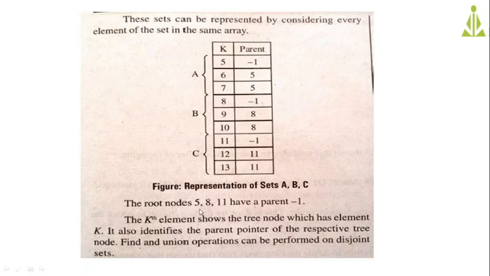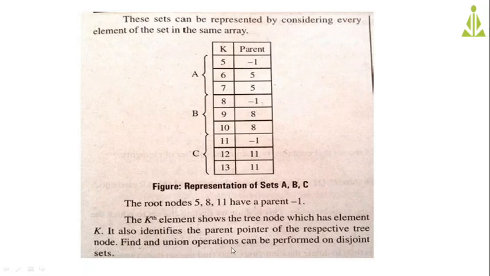The root nodes 5, 8, 11 have parent -1. The kth element shows the tree node which has element k. It also identifies the parent's pointer of the representative tree node.